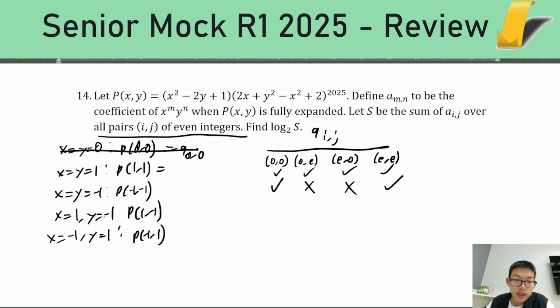For this one here, if y is -1, then it is going to look at whether the y exponent, the degree, is odd or even. So if the y degree is odd, you don't take it. If it's even, you take it. And then for (-1, 1), it's the other way around.